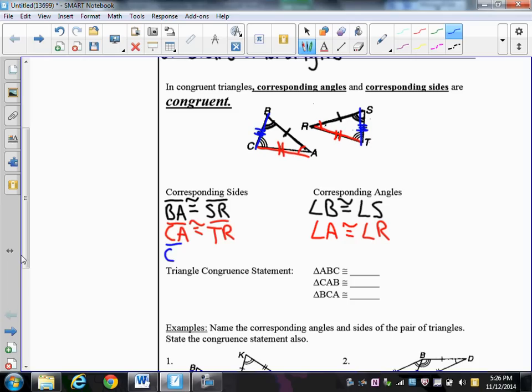So segment CB is congruent to the other segment with 3 tick marks, segment TS. So I have angle C, 3 angle marks, congruent with angle T.